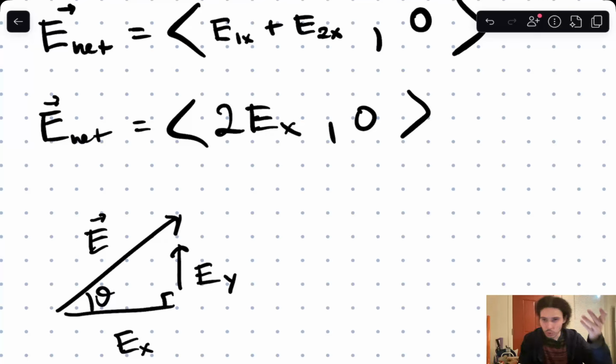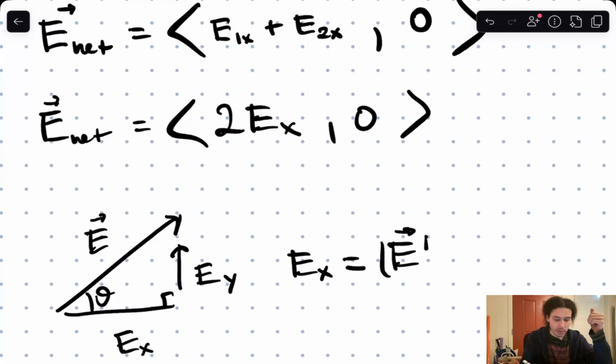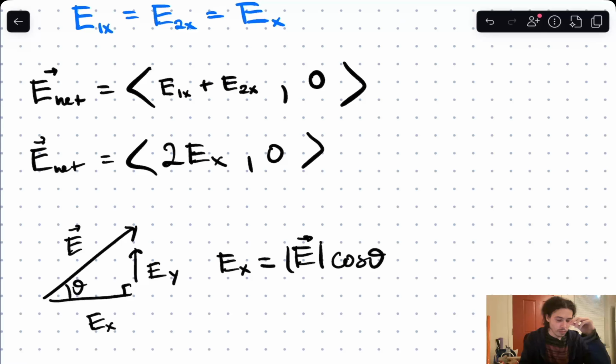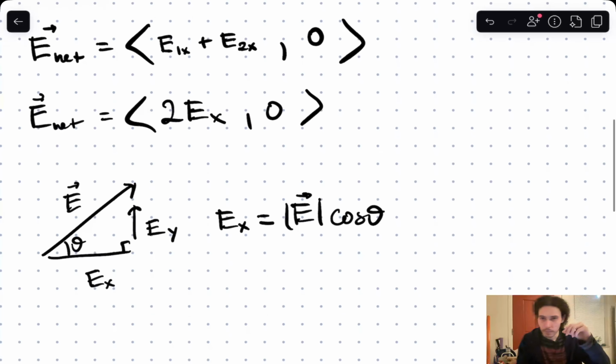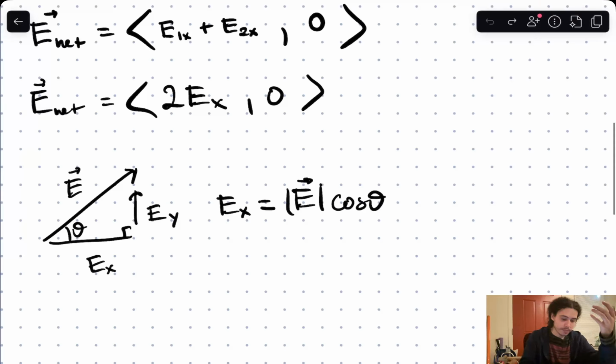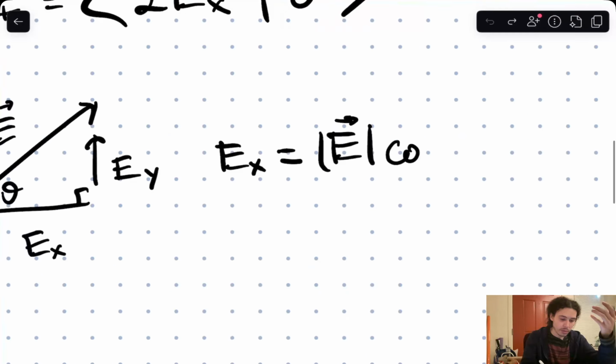Then, according to trigonometry, Ex can be defined as the magnitude of this electric field times cosine theta. We know this. The magnitude, what's happening here? Cosine theta.